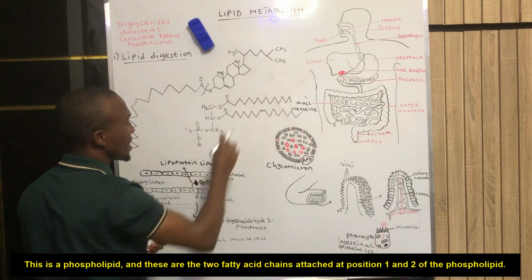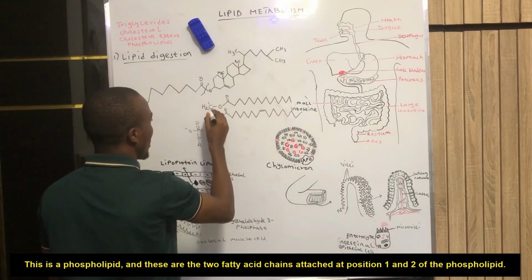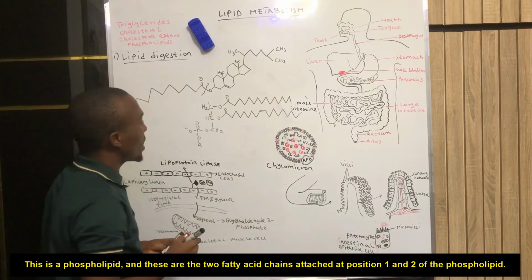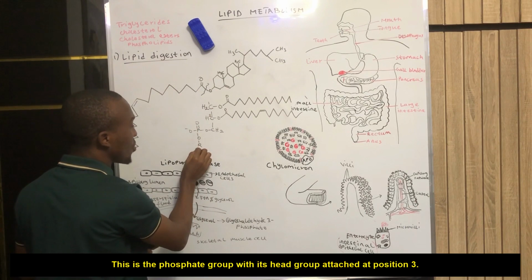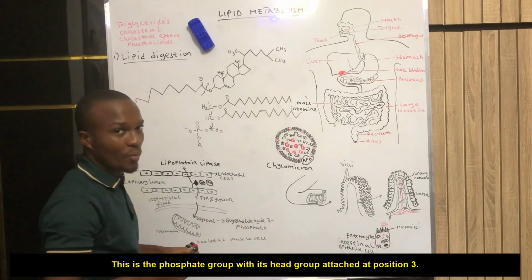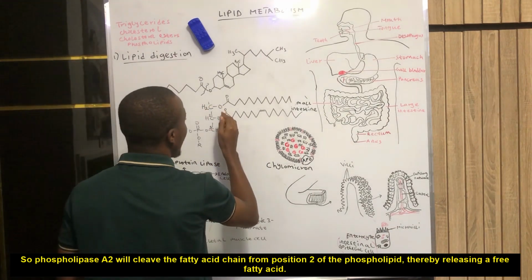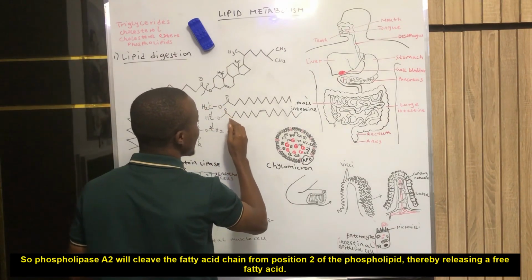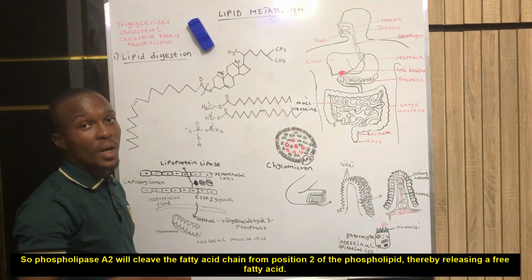These are the two fatty acid chains attached at position 1 and position 2 of the phospholipid, and this is a phosphate group with its head group attached at position 3. So phospholipase A2 will cleave this fatty acid chain from position 2 of the phospholipid.